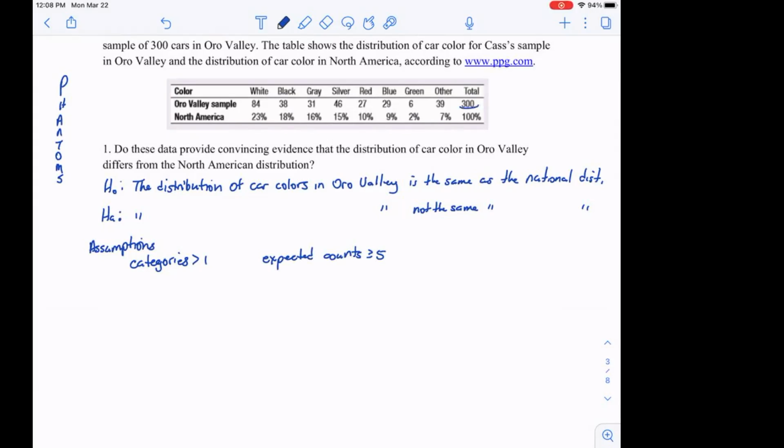I have a sample of 300 cars. I'm going to expect 23% of them to be white. And if I take 23% of 300, that gives me 69. So I would expect 69 cars to be white. Using that same principle, I'm just going to fill out my expected row. You could just look at the lowest value.